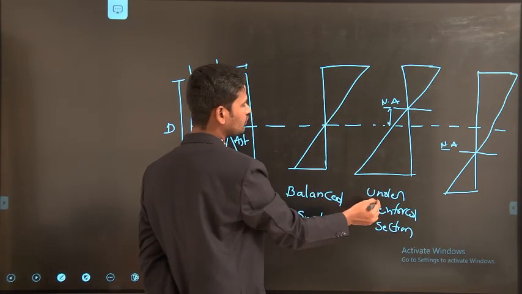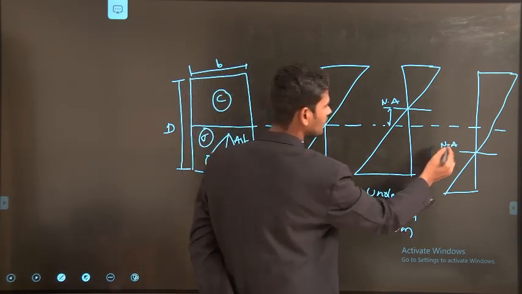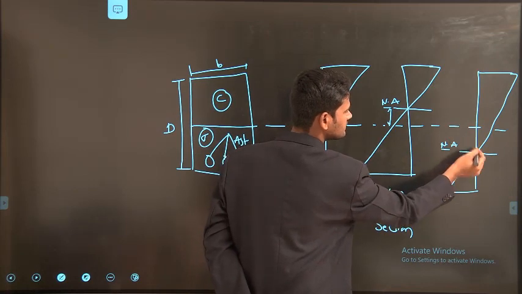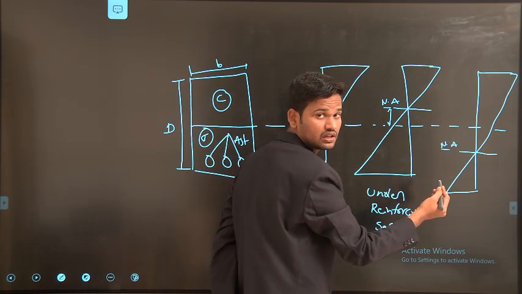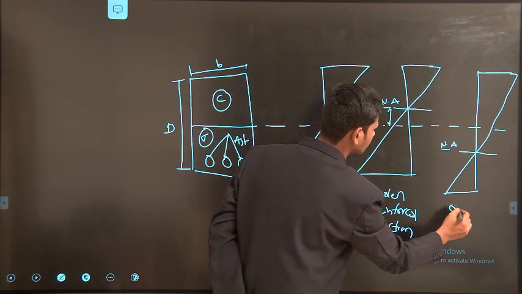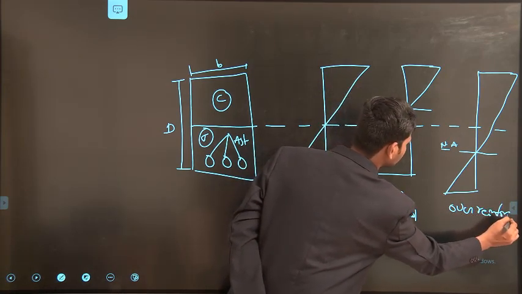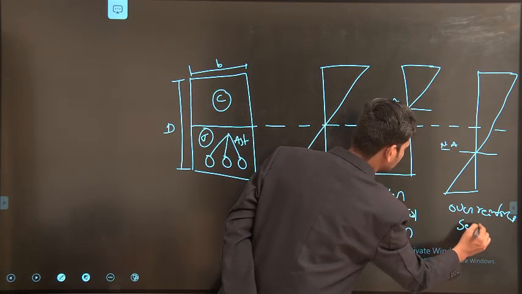In this condition, we call it an under reinforced section. Whereas for the over reinforced section, the depth of the neutral axis is below. This section is called an over reinforced section.